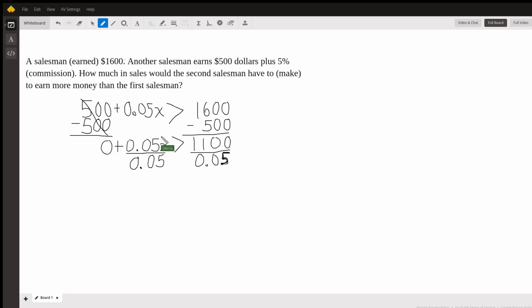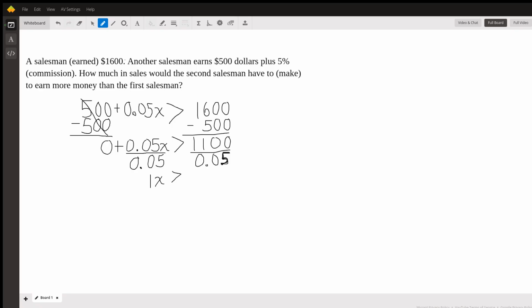Perfect. So now we're not going to belabor the point. 0.05 divided by 0.05 is 1. Any value divided by itself is 1. I have 1x left, which is what I want. And now this is the perfect time to go ahead and bring in a calculator. I'm just going to go to the one on my phone.